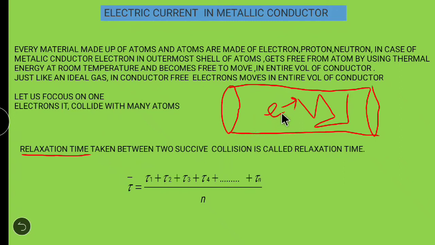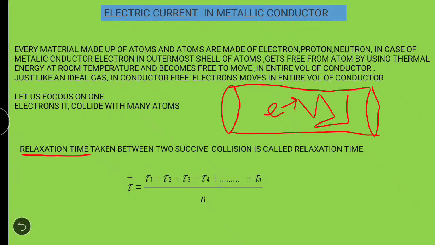This is the electron, and when it collides with another electron, the time taken between the first and second collision is called a relaxation time. Here, students, I have mentioned tau 1 as the first relaxation time in the first collision.